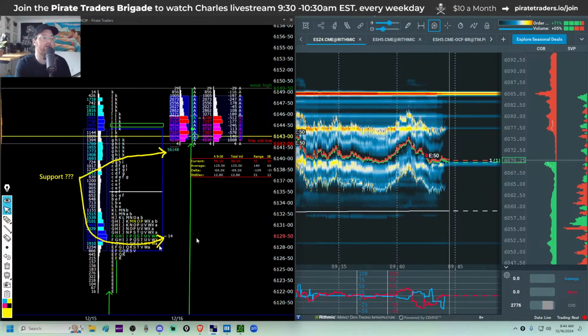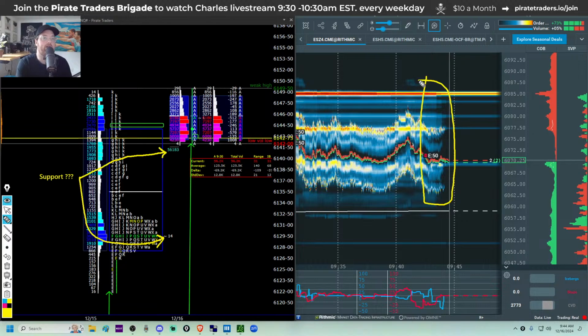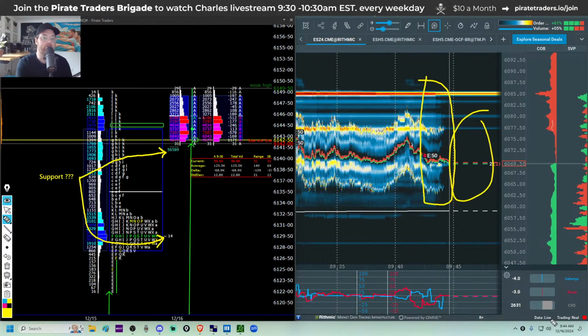We can see the liquidity disappearing. You can see we had all this liquidity in here, and now it's just gone. Poof. And so that tells us we got some news coming out.